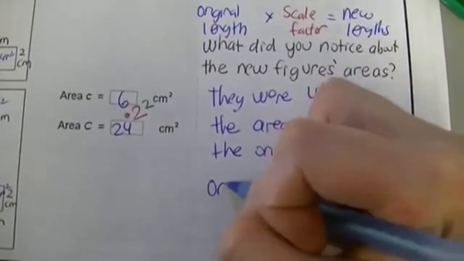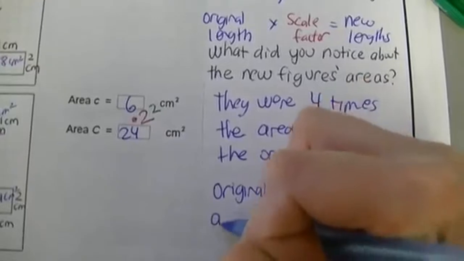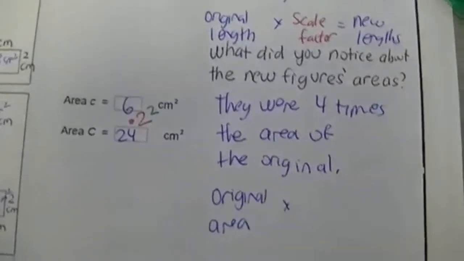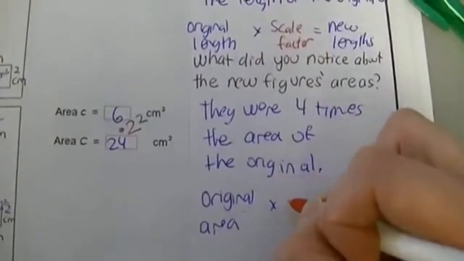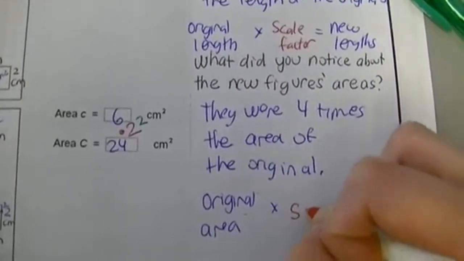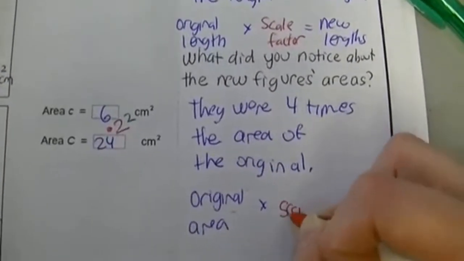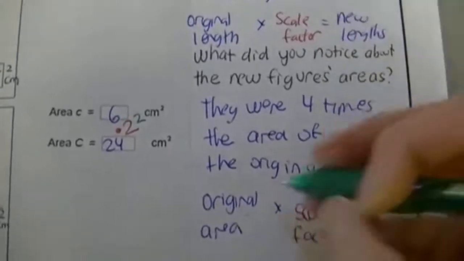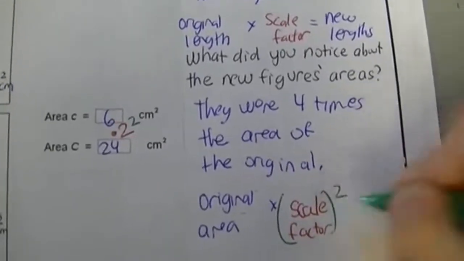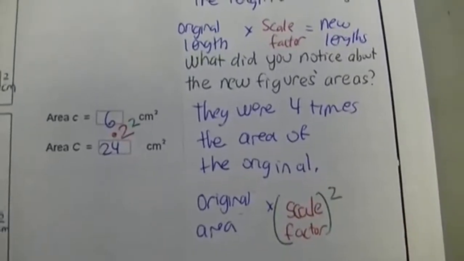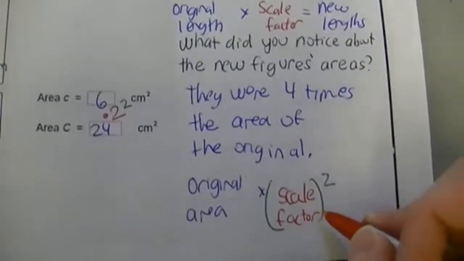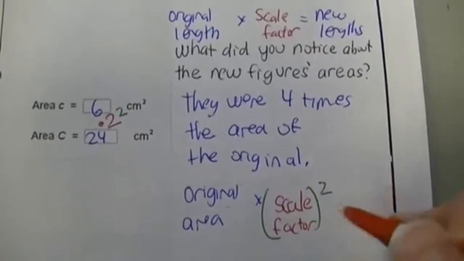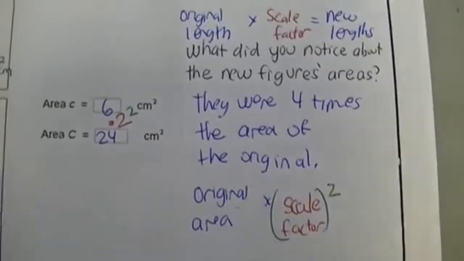So you take the original area, and you're going to multiply it by that scale factor. You want to keep the scale factor consistent, but when you're finding that new area, you have to square that scale factor. Because think of it, areas are square units, so that's what you've got to do. You want to square that scale factor to find the new area.